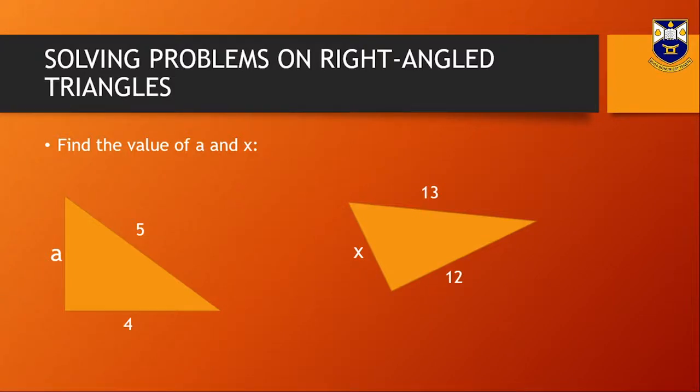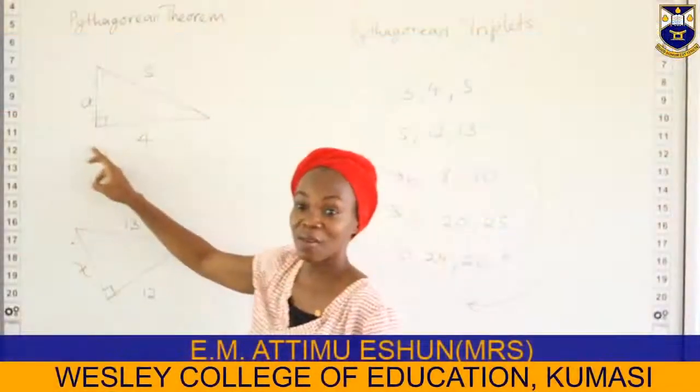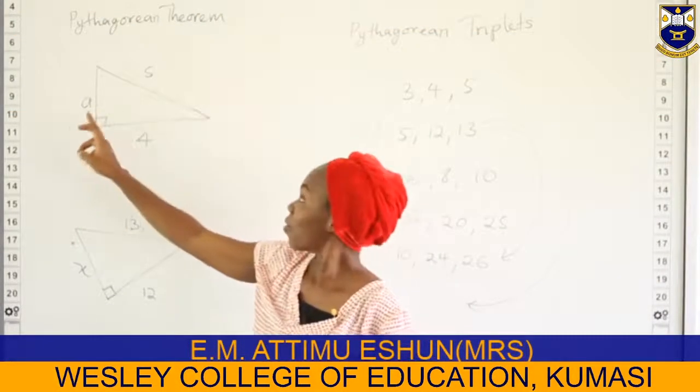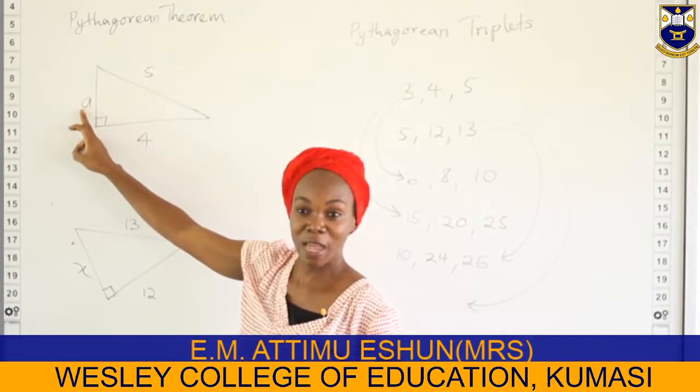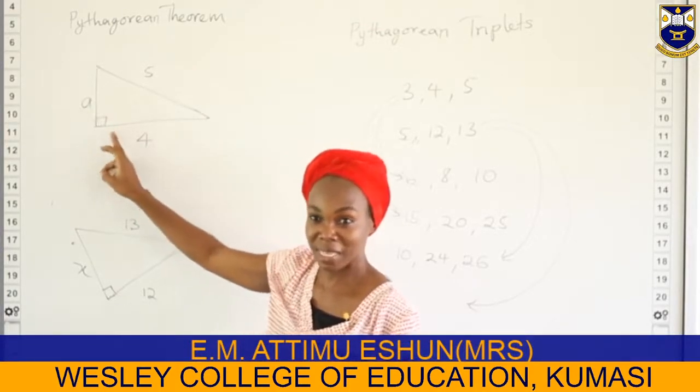And so with these two right-angle triangles, we want to find the value of A. Finding the value of A, we realize it's occurring on one of the legs of the right-angle triangle.